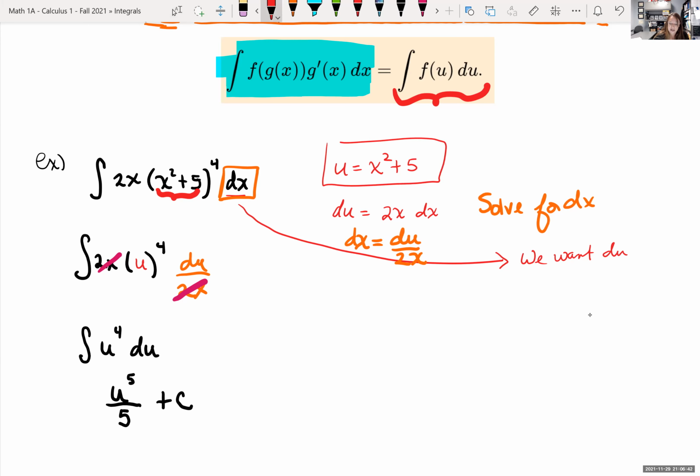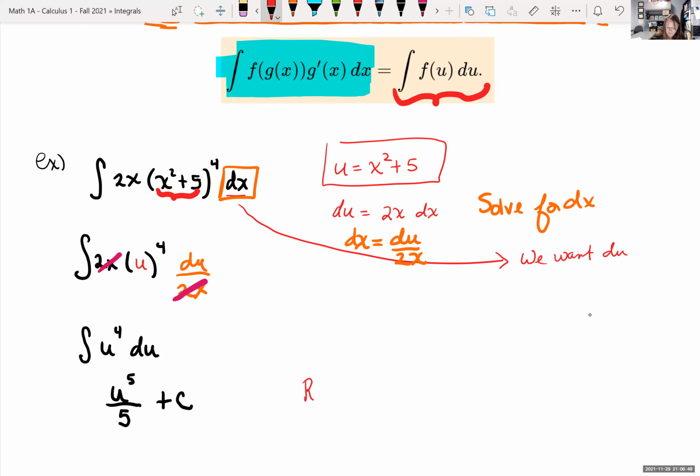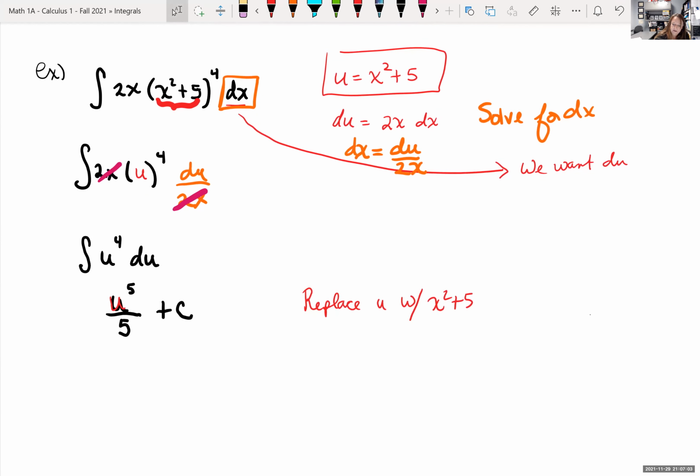So once you integrate, go back and replace u with x squared plus 5. So we now have parentheses u, which is x squared plus 5, all raised to the 5th power over 5 plus c.